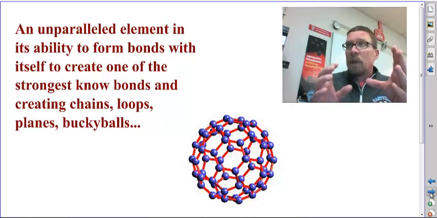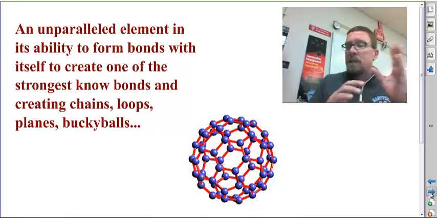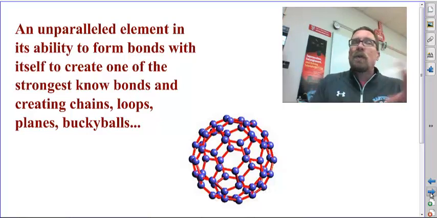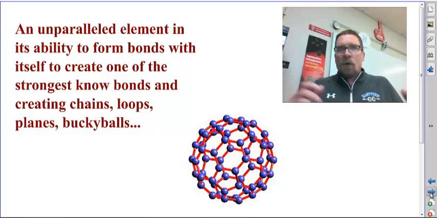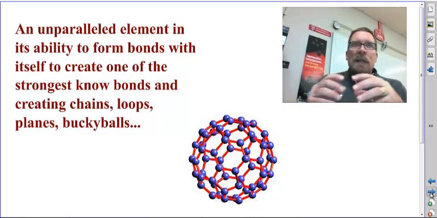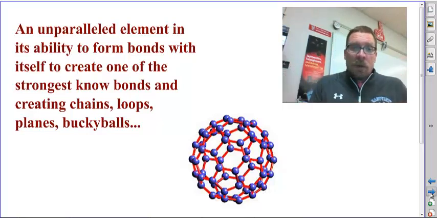Because of that and its ability to do so, it can create chains and loops and planes and trains and automobiles and buckyballs and all sorts of shapes and stuff that leads to the diversity. Remember, one of our big overall writing questions is, how do we have so much diversity in the living organisms in the world? And carbon gives us that ability.